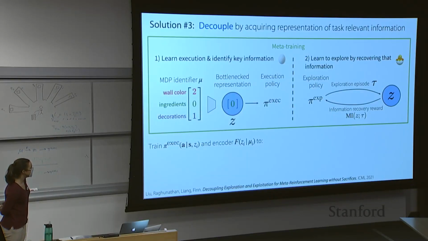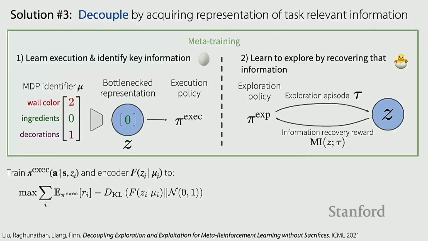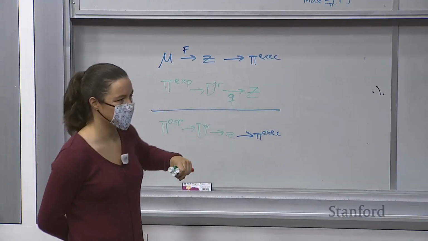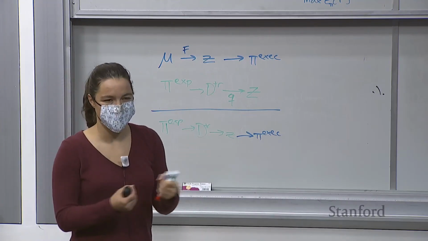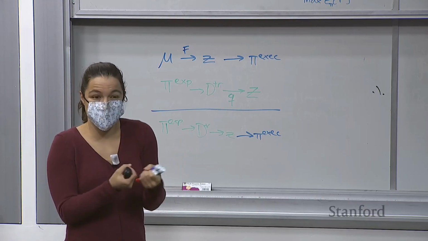In this first step, like I mentioned, we're basically just trying to maximize the task reward with respect to your execution policy. We're also going to impose a distribution on z like we did before. This will encourage it to throw out information in the one-hot identifier and learn a representation that's more compressed.